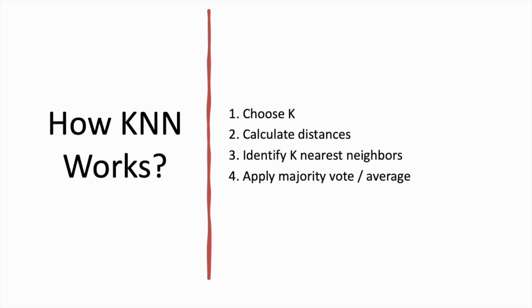Now let's break down exactly how KNN works step by step. First step is choose K. This is the number of neighbors you want to consider. K is a hyperparameter that you decide based on experimentation. Second step is calculate the distance between the new data point and all other points in your dataset. We will talk about distance formulas next. Third is identify the K nearest neighbors.